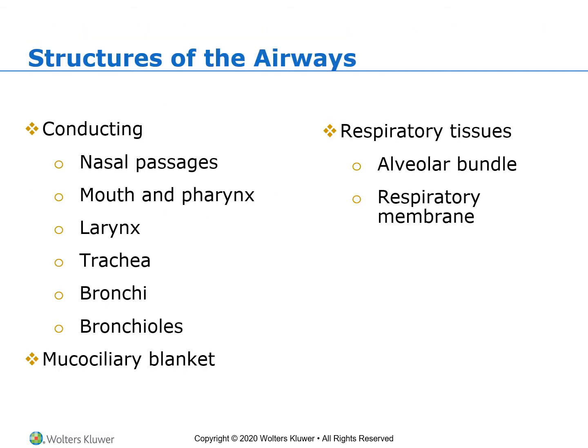So what are some of the things I want to highlight in the structures of the airways? Of course, you need to always refer to your book and read your chapters. But when we talk about the nasal passages and their importance in the airway structure, the nose is the preferred air entry route because it humidifies, warms, and filters the air.